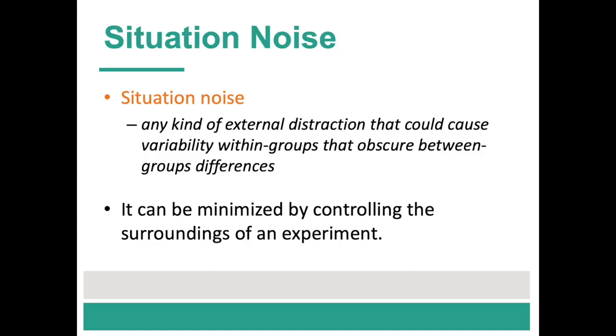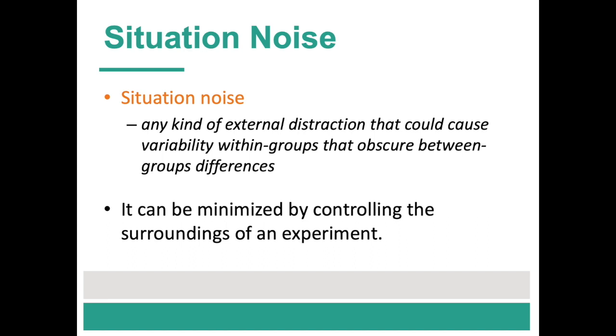Last thing to consider with this is situation noise. It's any kind of external distraction that could cause variability within groups that could obscure the between groups differences. So this can be minimized by controlling the surroundings of an experiment. For example, you might bring people in, and what if you had just a poster that had something political on it?